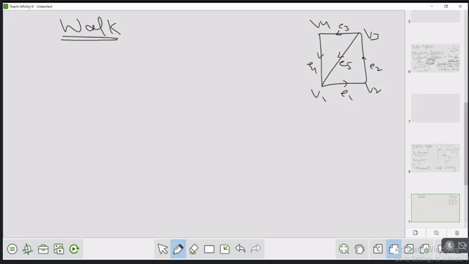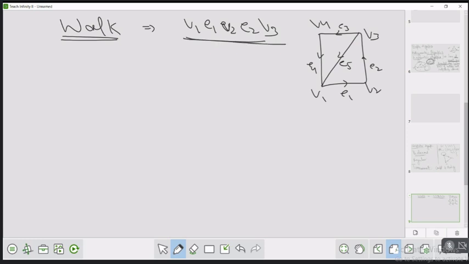We can move in this direction, and this direction. If we go from v1 to v2, I will write v1, e1, v2, and e2, v3. Means the direction of this edge and this edge is the same in this walk.